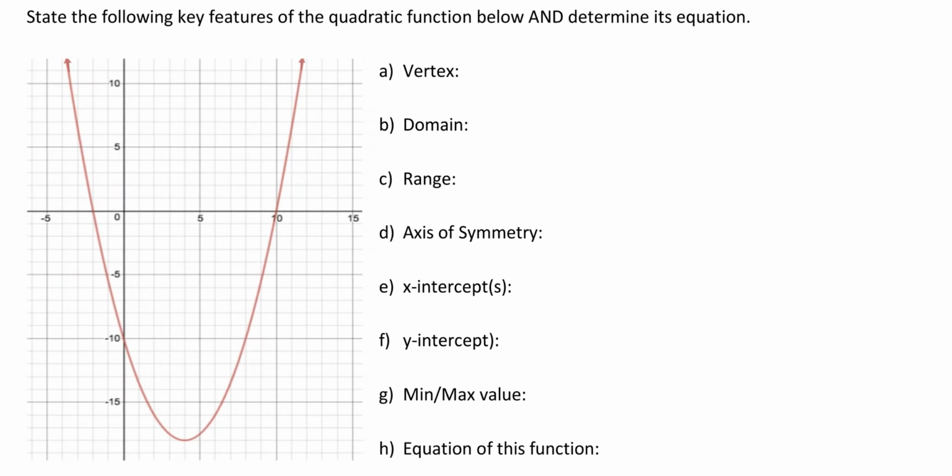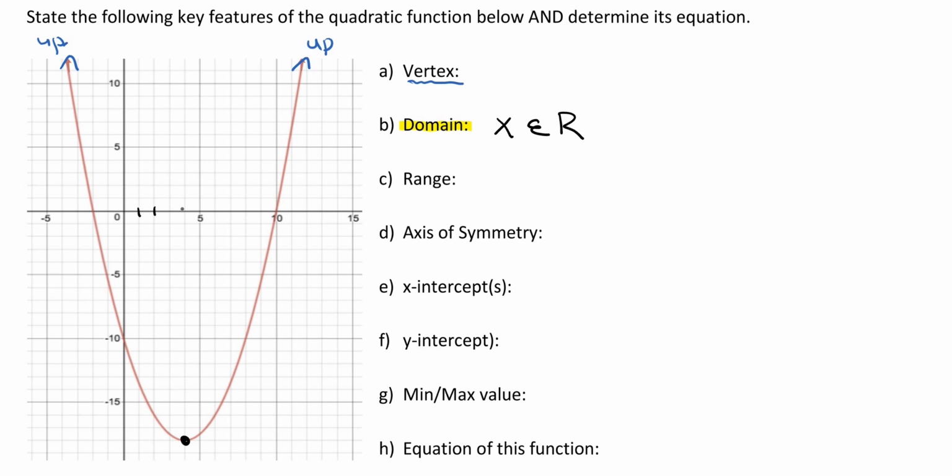Okay. So for this question, we need to state the following key features of this quadratic function. It's a quadratic function because it looks like a parabola, and in this graph, it's opening up, right? Okay, right away, I know the domain. The domain for any quadratic is x ∈ R, all real numbers. And after that, let's find the vertex. The vertex seems to be down here, so we need to actually count where that vertex is.